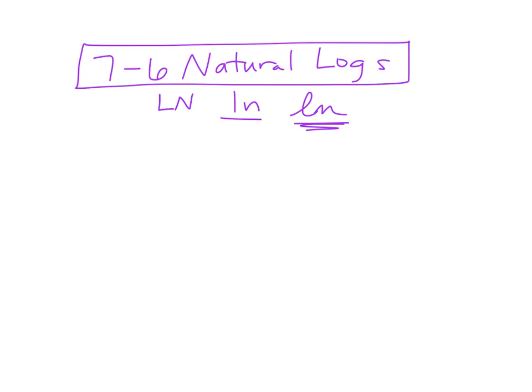If there's a 2 out in front, it's the natural log times 2, not 21n, okay? But natural logs are not as scary as they seem. It's still a log. It's just not the log that we're used to.